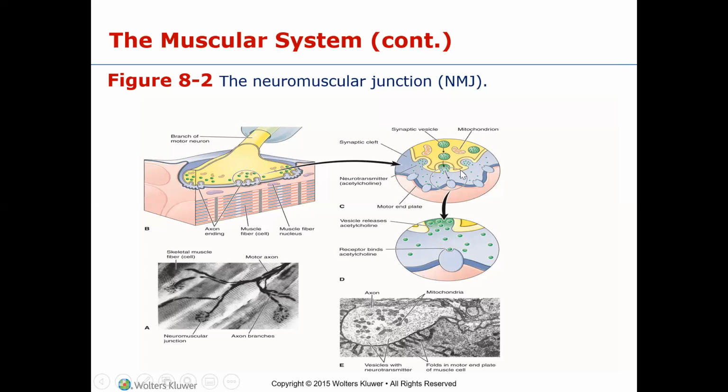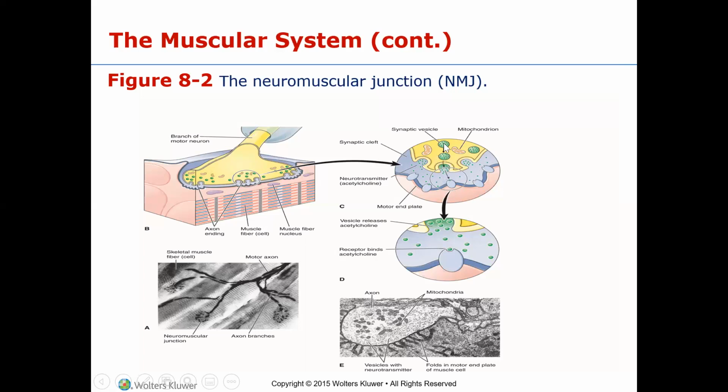So here in this space between the neuron on this side and then the muscle on this side, so what we're looking at, the neuron here on this side with the 1, 2, 3 little grooves, and then the muscle on this side is this here, neuron and muscle.